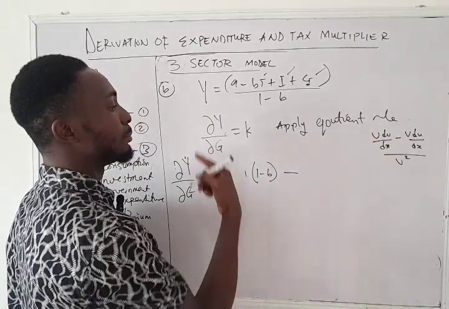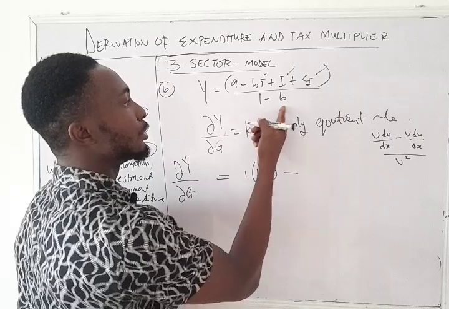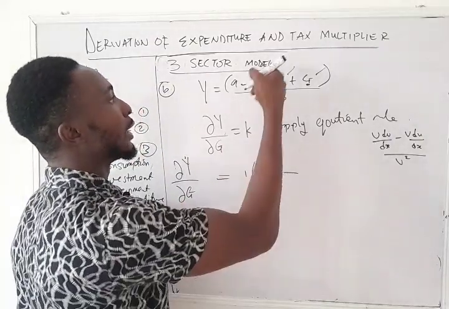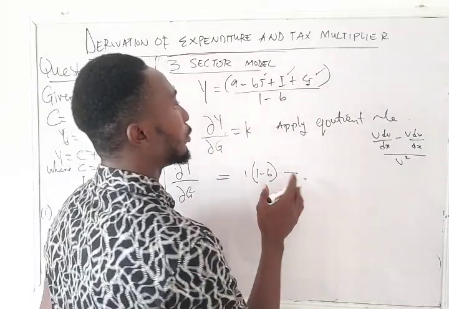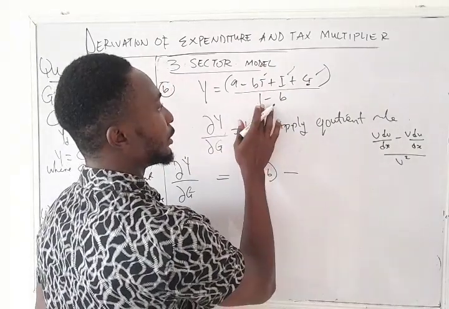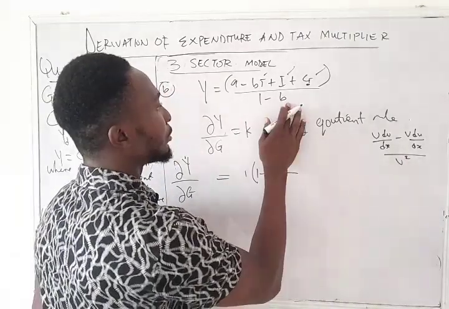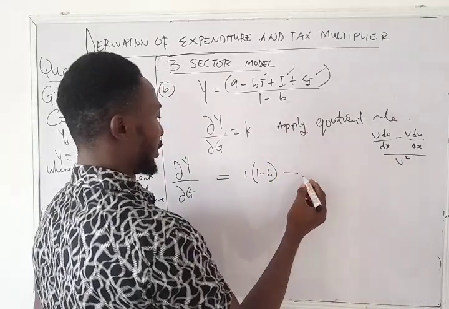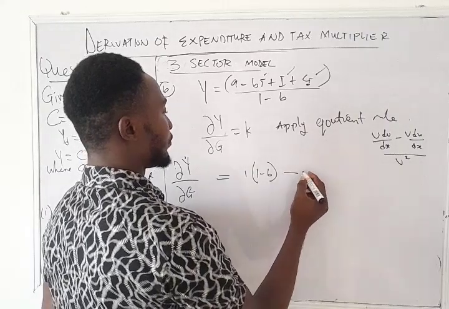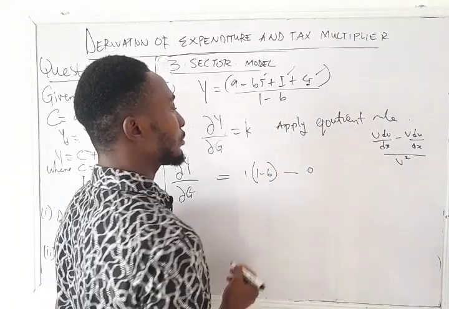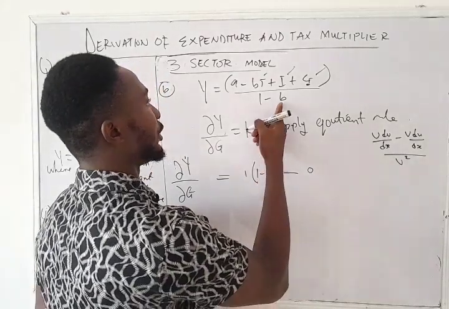Now we do the same thing again. We differentiate the denominator with respect to G and then multiply it by the numerator. The denominator is 1 minus b. Differentiating 1 minus b with respect to G, there's no variable here with G, so this will leave us with 0.